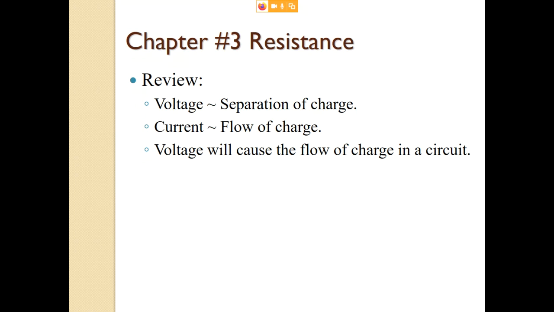Okay, so that force of attraction is our force. So the voltage is the separation of that charge, giving us the force that's going to allow the current to flow. And then the current is actually the flow of charge. So when we give them a path that those electrons can travel, right, that's that current.